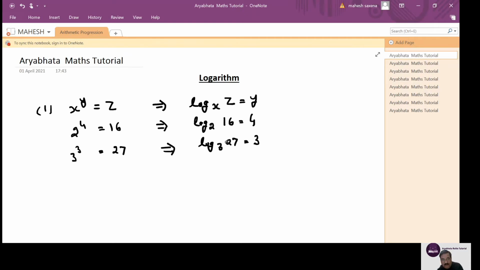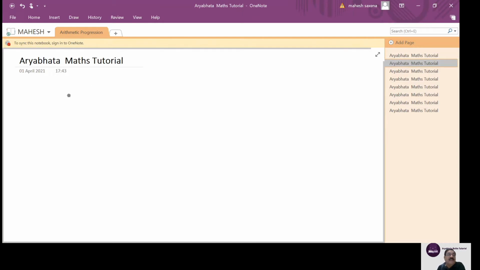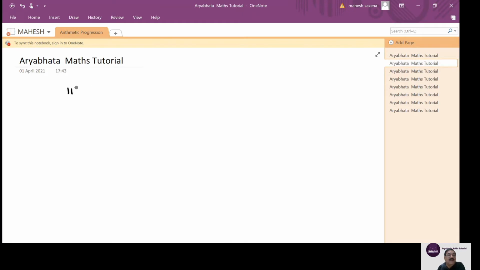Now, you have learned how an exponent can be written as a logarithm. Now we will learn how a logarithm can be written as an exponent. Suppose log base x of z is equal to y. In exponent form, it can be written as x to the power y is equal to z. For example, we know that log base 10 of 100 is equal to 2.